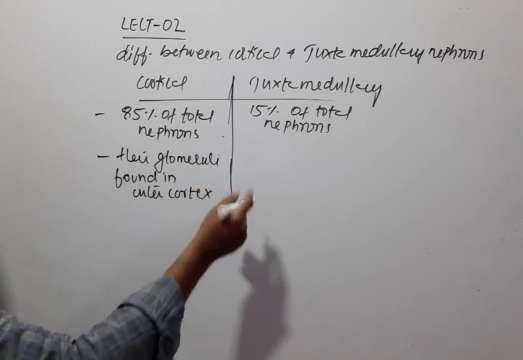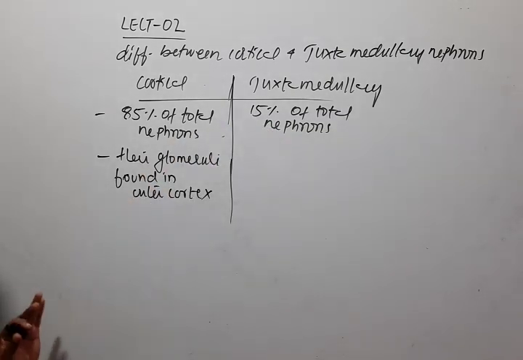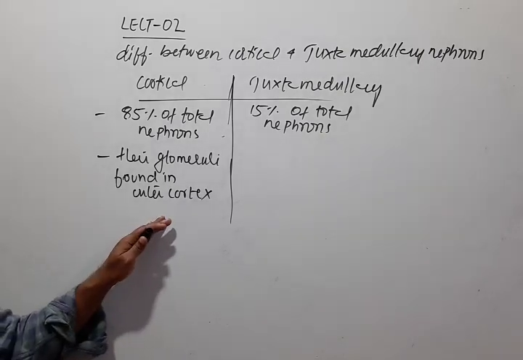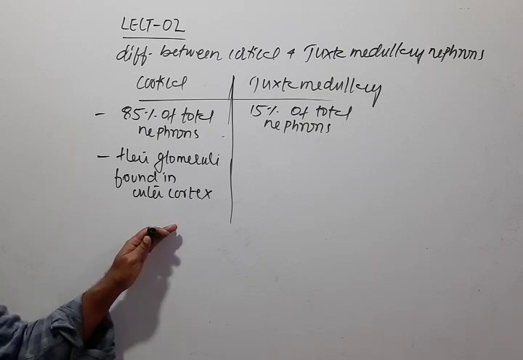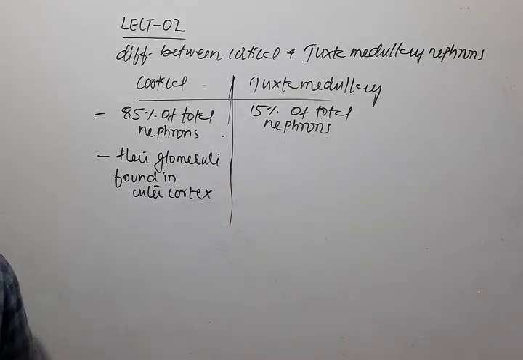You have to keep in mind that for both the juxtamedullary and the cortical nephrons, their glomeruli are found in the cortex region only. So this will be a little towards the outer cortex, whereas the glomeruli in this case is present close to the medullary region.